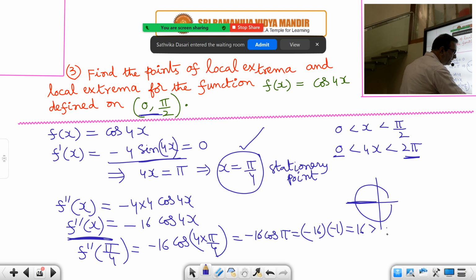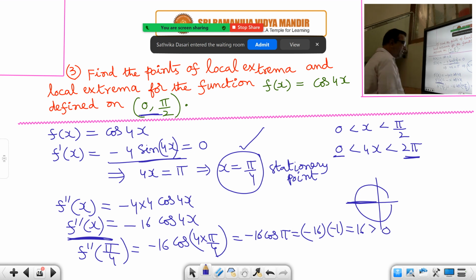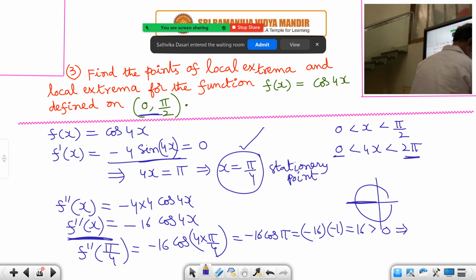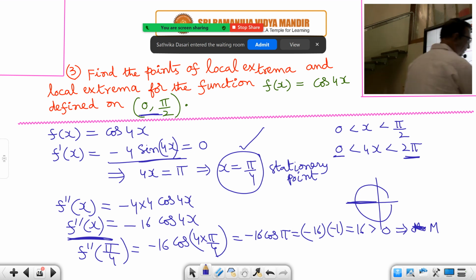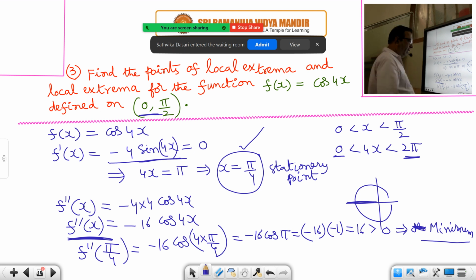Positive, sir. Second derivative positive means maximum or minimum? Maximum, sir. Sorry, minimum. Second derivative positive, minimum. Second derivative negative, maximum. Please remember that.